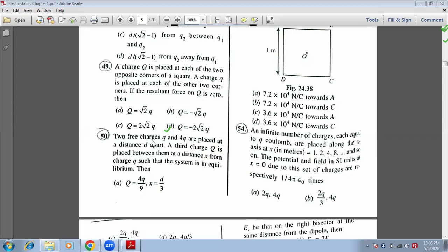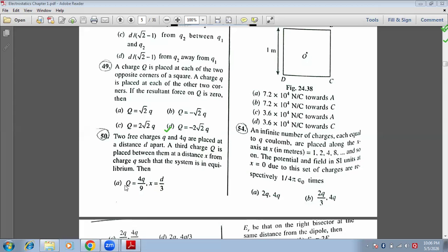Two free charges q and 4q are placed at a distance d apart. A third charge capital Q is placed between them at a distance x from charge small q such that the system is in equilibrium.